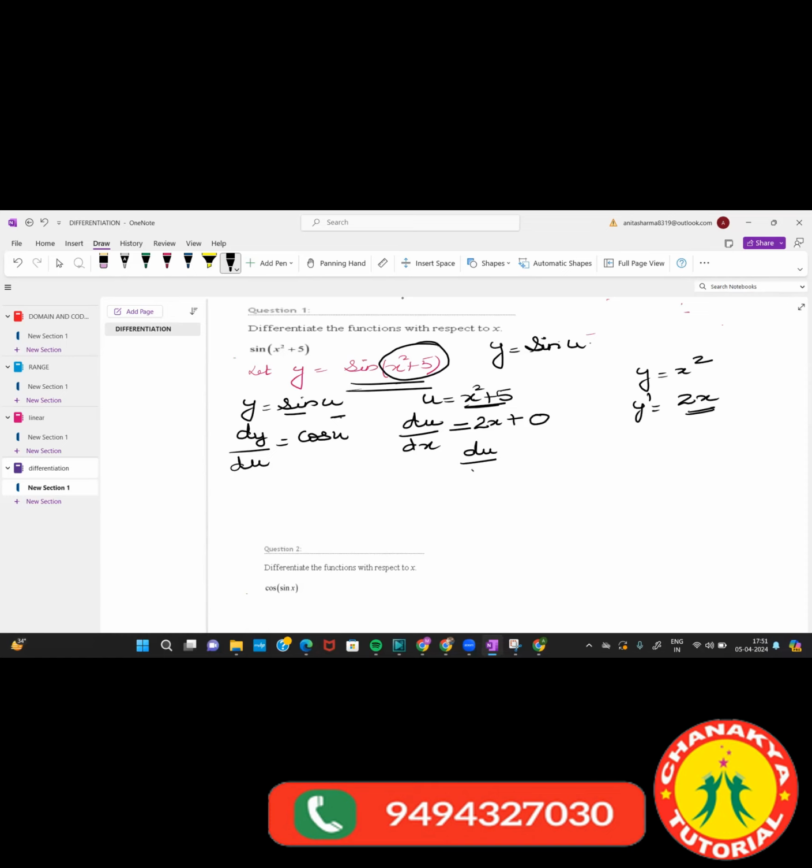Then du upon dx will be equal to 2x. Now we have to find dy by dx, and we have only dy by du and du by dx. So you will write dy by dx will be equal to dy by du times du by dx.